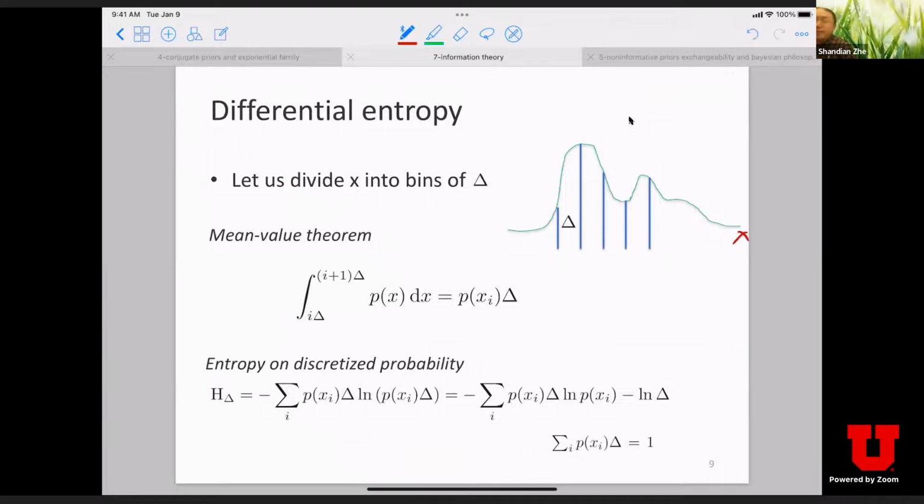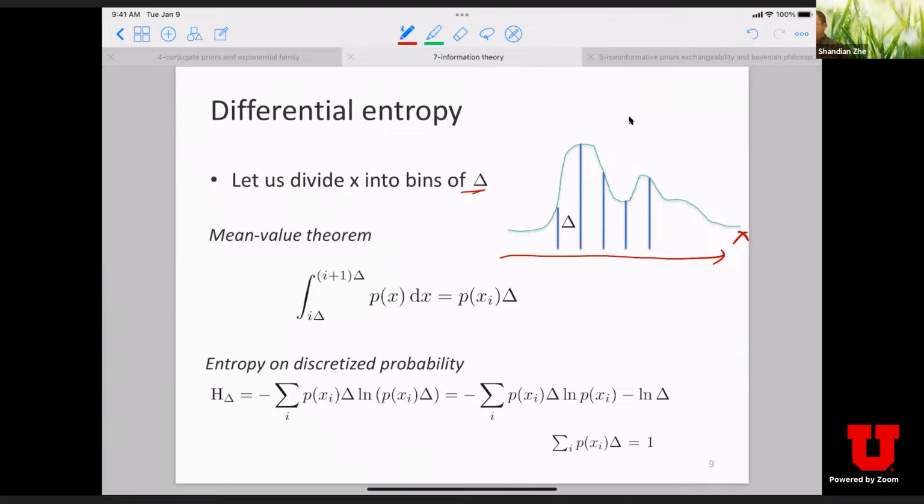Suppose p is the density of x. We know x is continuous, right? So to convert x into a discrete random variable, we're going to divide the value of x into bins of size delta. So delta here is the bin size or bin length.